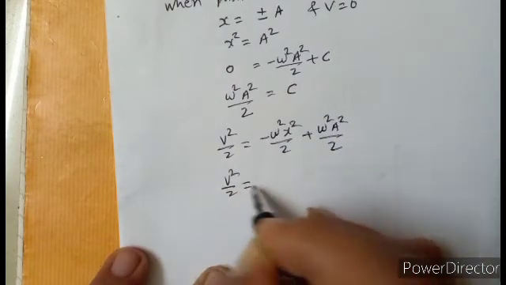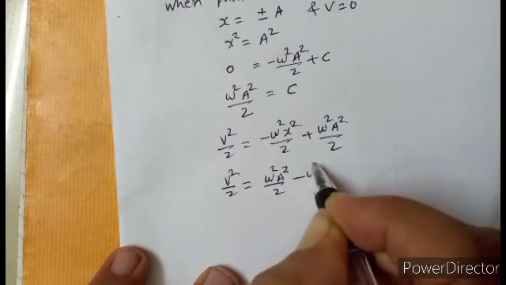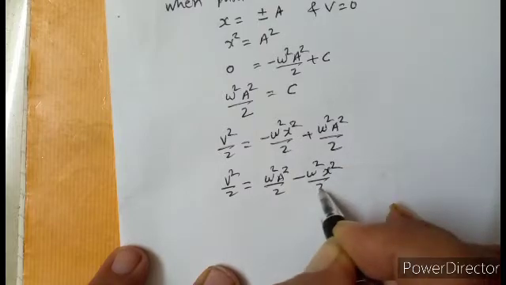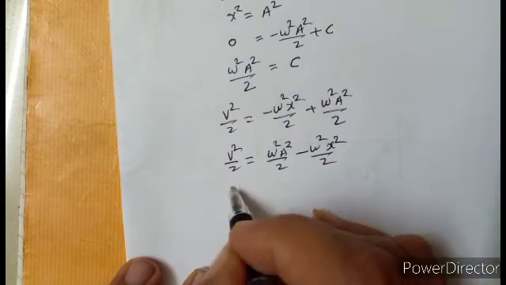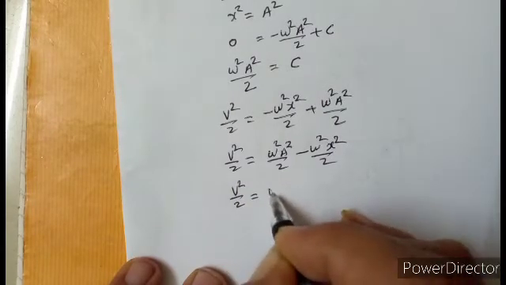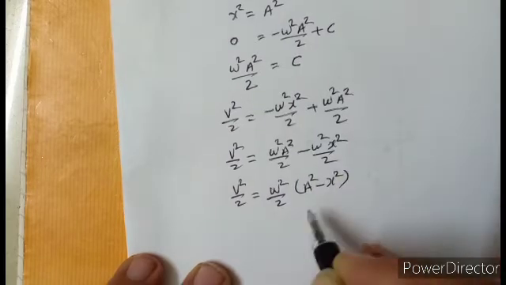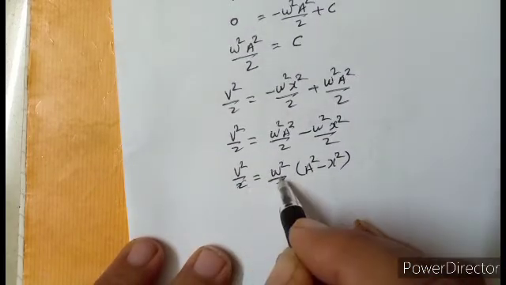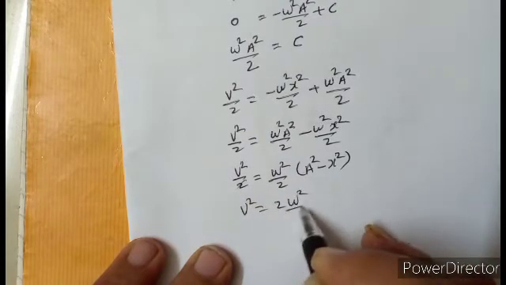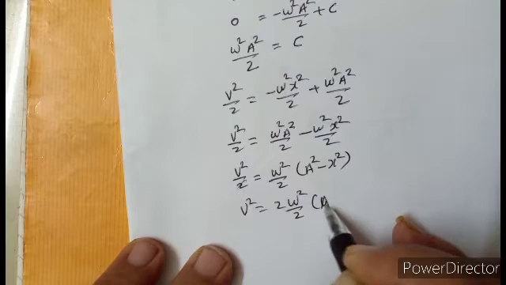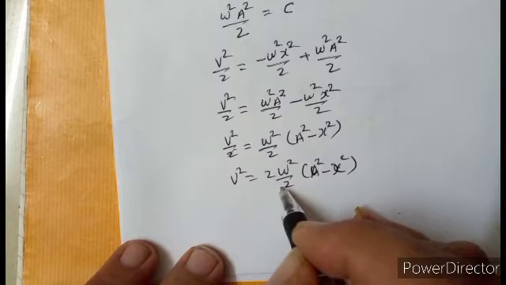So v square divided by 2 is equal to omega square a square divided by 2 minus omega square x square divided by 2. Take omega square and 2 as common. So v square divided by 2 is equal to omega square divided by 2 into a square minus x square. So 2 shifts to the RHS side, and the 2 gets cancelled.